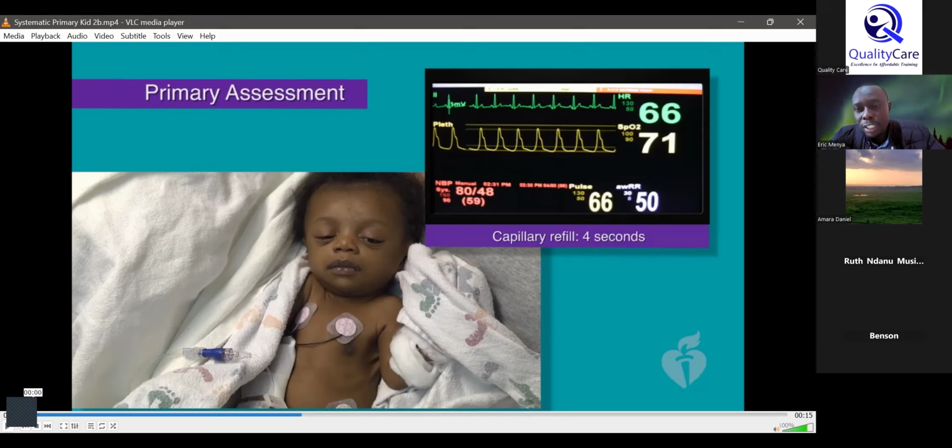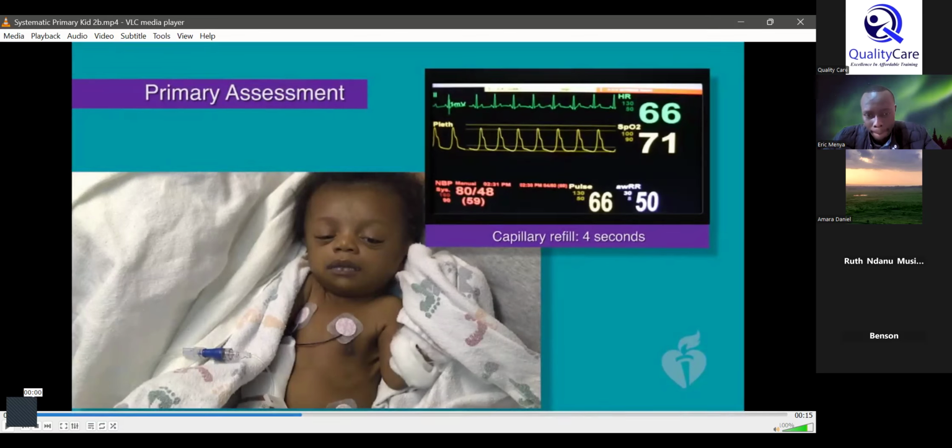Continue. So breathing, you said, is fine after you supplement oxygen. We reassess to see whether we have an improved SpO2, improved saturation. Move to circulation now. So circulation, we assess the extremities of the baby. We start from the palms.